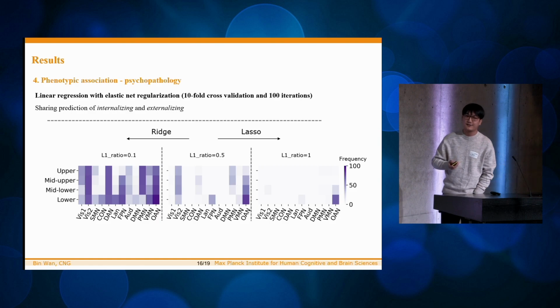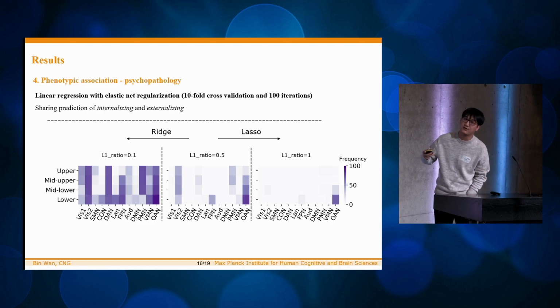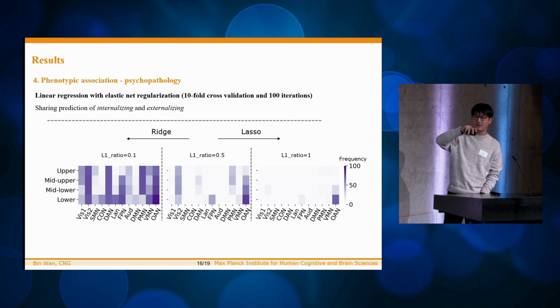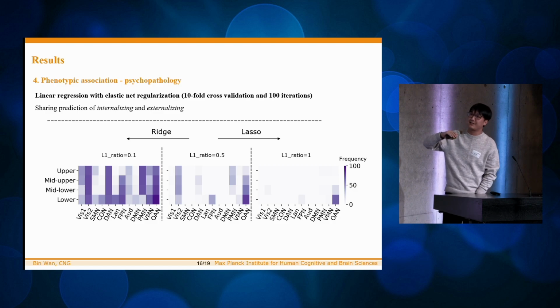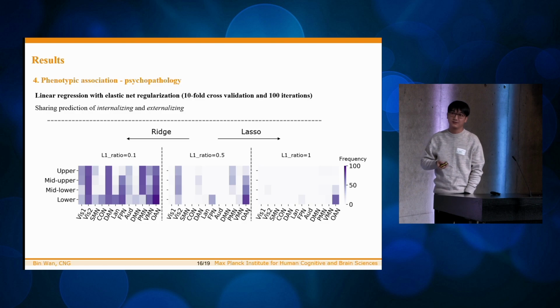Then, to understand whether this asymmetry feature can be correlated with behavior, we study the very lateralized functions. First one is psychopathology. Because the asymmetry features along the cortical layers are very similar, we use some machine learning pipelines, ridge regression and lasso regression, to see how these collinear features can be zeroed with the increasing of the L1 ratio.